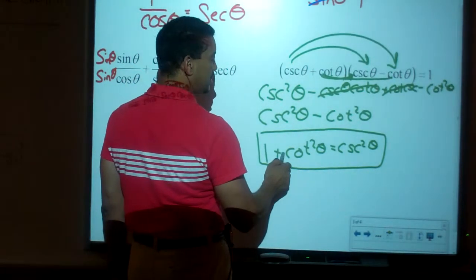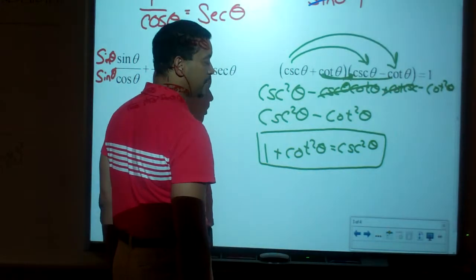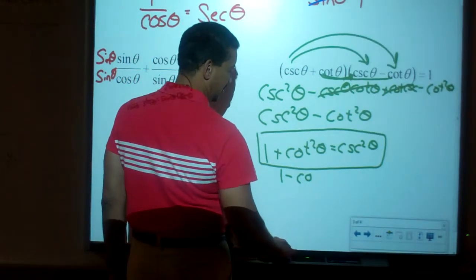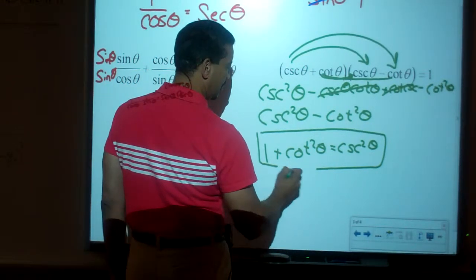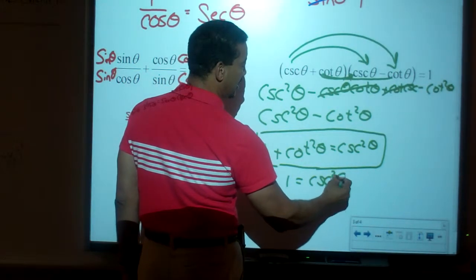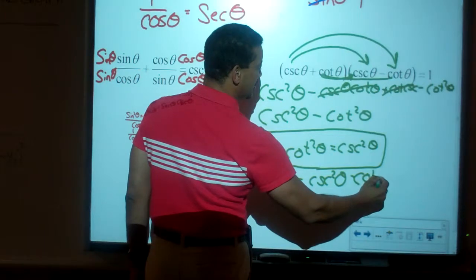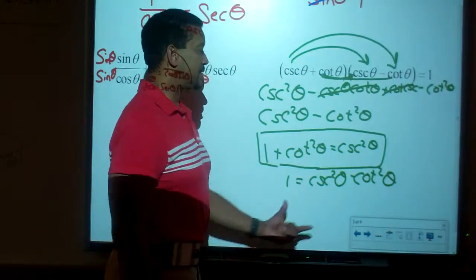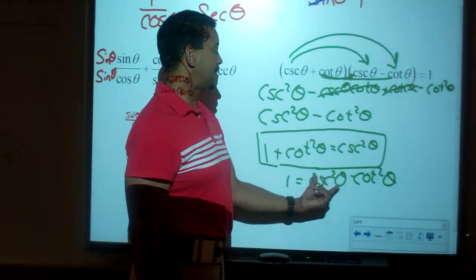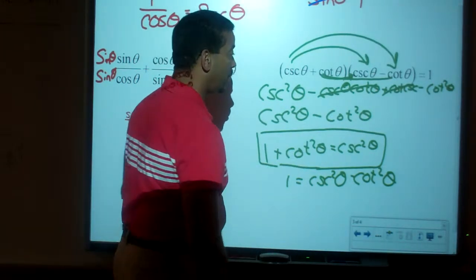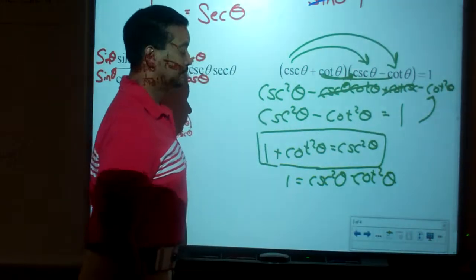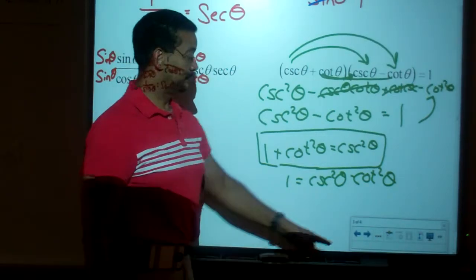In other words, if we subtract cotangent squared from both sides, that gives us 1 is equal to cosecant squared theta minus cotangent squared theta. So you notice that this and this look the same. That means we can replace this with 1, which is what we were trying to find. Manipulating these things.